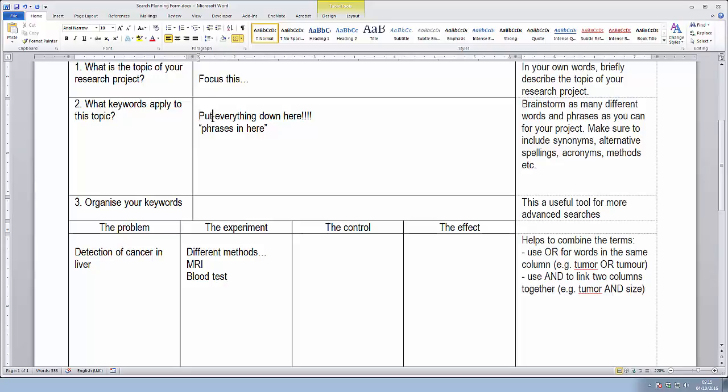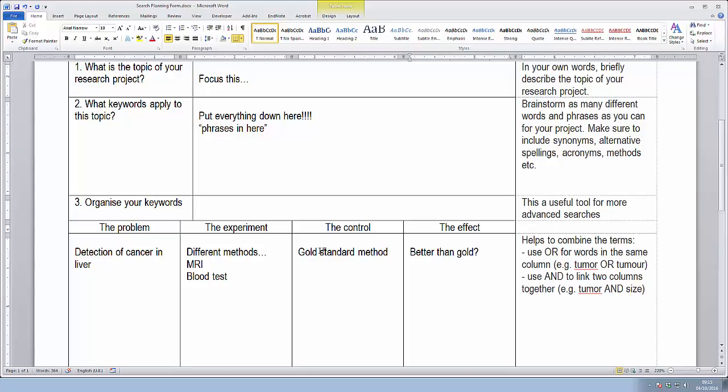So you're taking the words that are up here and then you're categorizing them and organizing them under those different headings. The control might be the gold standard, and then the effect might be better than gold. So you're breaking down your idea into those four areas under those four headings.